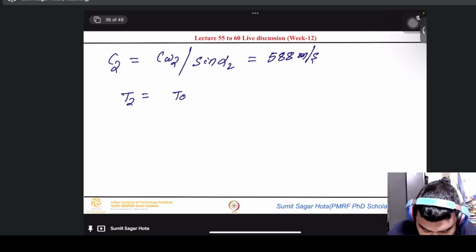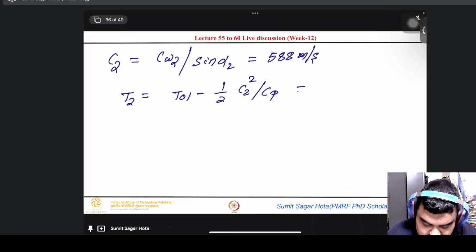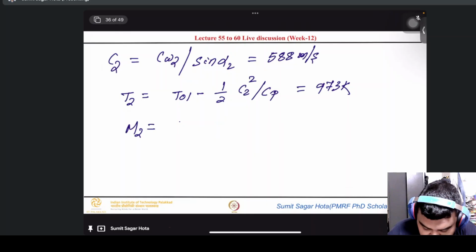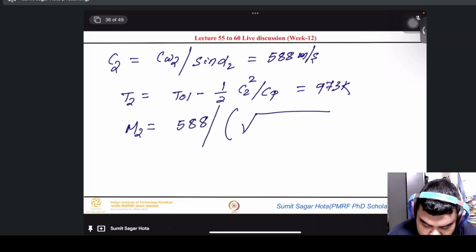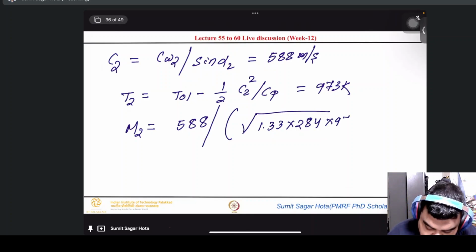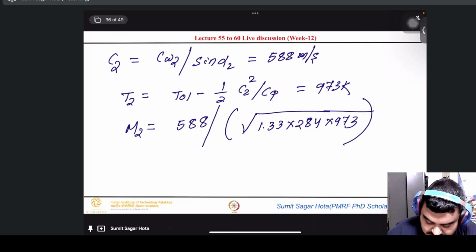T2 is equal to T01 minus half C2 square divided by Cp. Solve it, get 973 Kelvin. Then substitute out everything in M2 and find out M2. M2 is equal to 588 divided by square root of 1.33 into 284 into 973. Okay, the M2 will be 0.97 then.